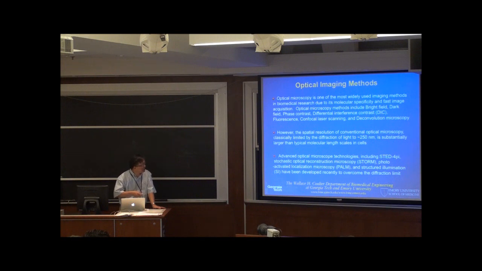So the spatial resolution of 250 nanometers is still much larger than the size of a single protein. But what we really want is to visualize protein-protein interactions in a cell. To do that, you really need to have a much higher spatial resolution.